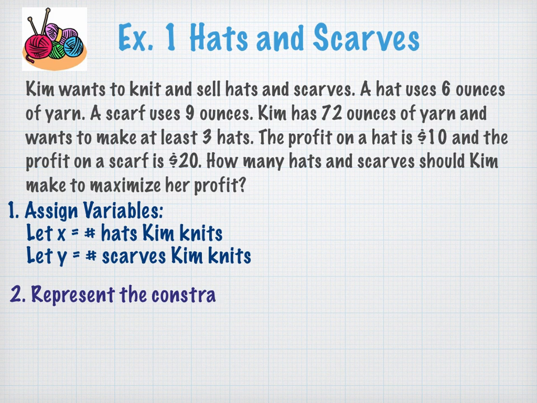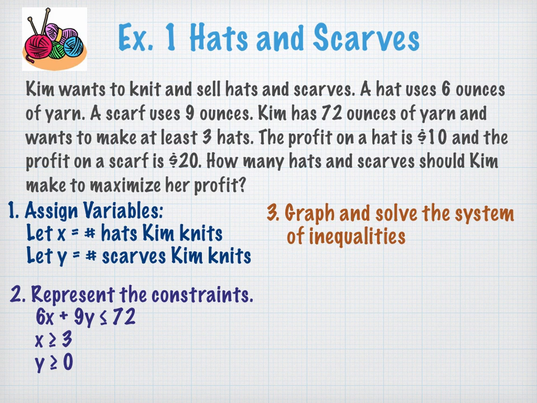Now in our constraints, we know that the hat uses 6 ounces of yarn, the scarf uses 9 ounces, but Kim has only 72 ounces of yarn. So that's why we're going to use less than or equal to 72. We know she wants to make at least 3 hats, so x has to be greater than or equal to 3. We know that she'll make at least 0 scarves, right? She's not going to make a negative number of scarves.